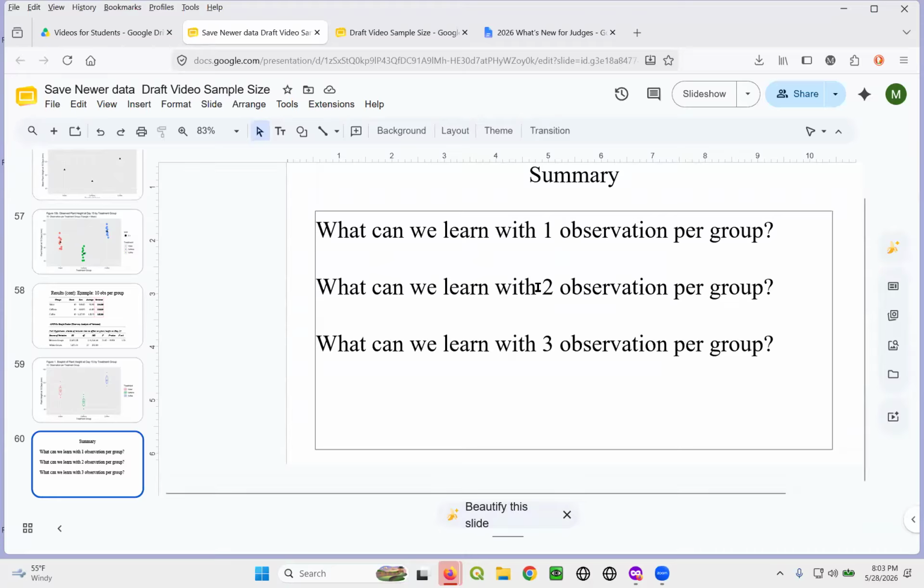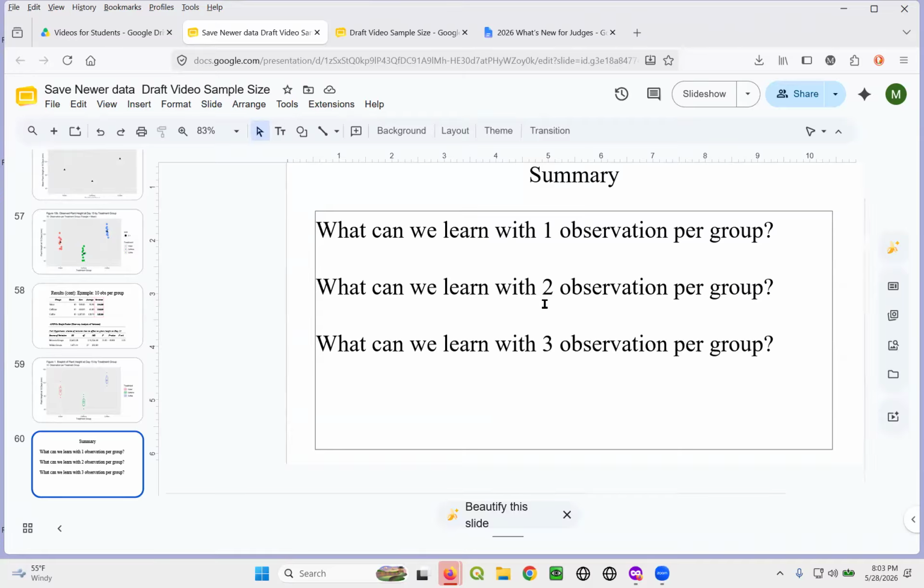And what can we learn by adding an observation? Now we can see the spread, the observed spread, but with only 2 observations, they may or may not represent what we would see.